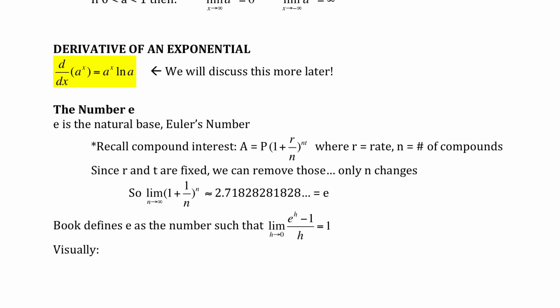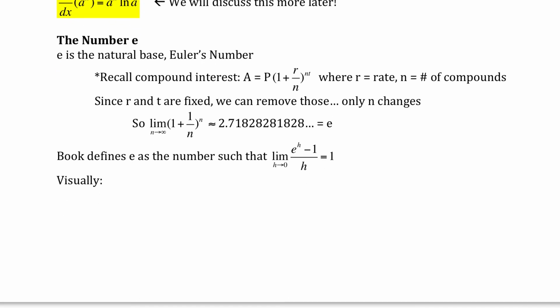So visually, let's take a look at this. I'm going to slide this up just a little bit here. This is telling me that if I were to graph this, I get something that looks like this, and I'm graphing this equation right here, the limit as h approaches 0. This would be the slope, which is 1.